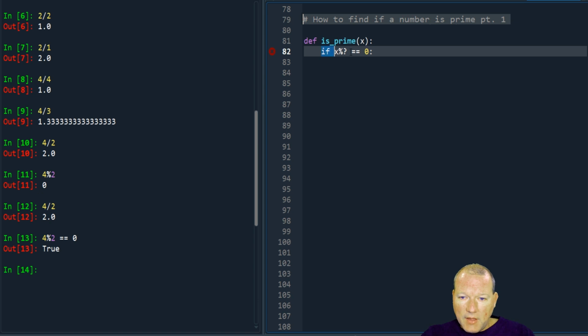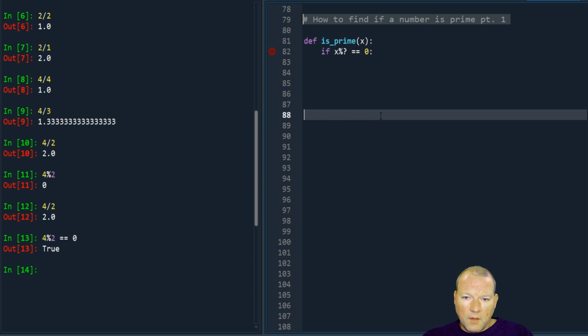We need to identify some sort of operation here, then if divisible by this is equivalent to 0, then we're going to do something. So what we need to do is identify it, and then decide what we're going to do. Okay, I think this is a great stopping point.